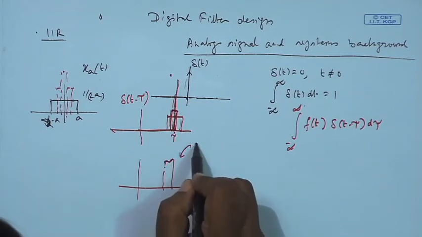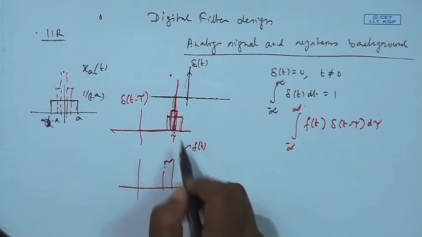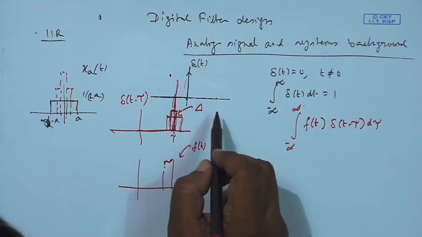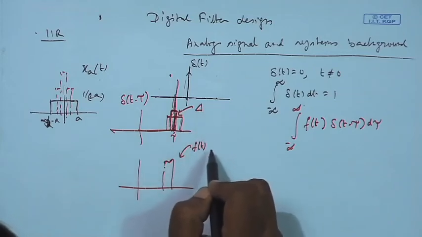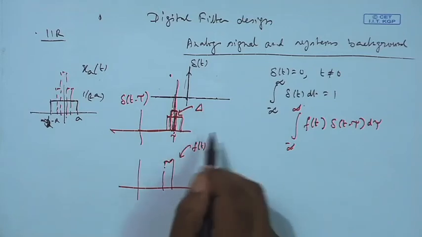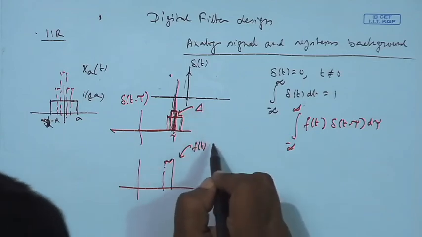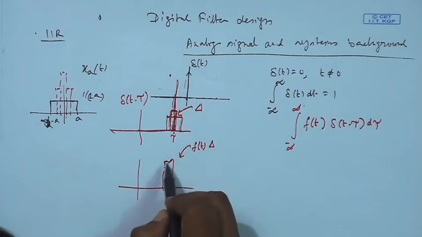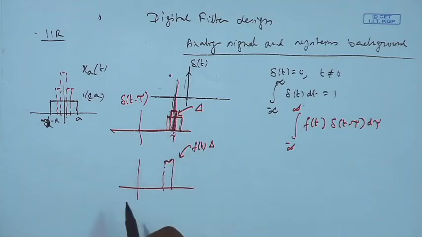This much will be f t into my function, which I call capital delta. This capital delta has a flat height, and f t may be time varying.